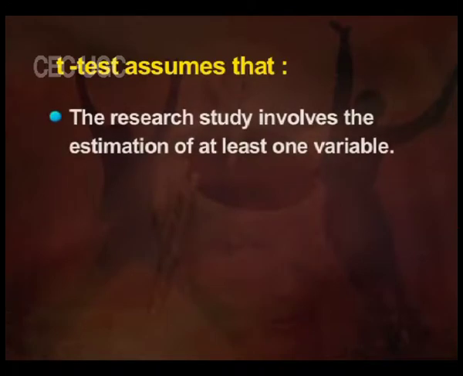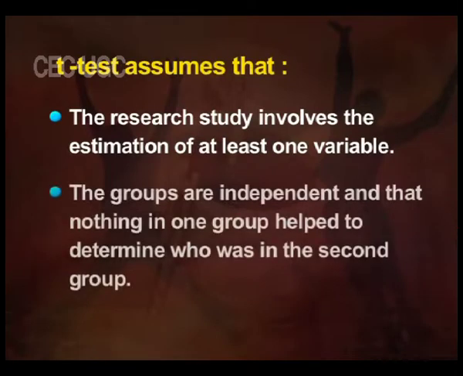However, before applying the T-test, one must be aware of the assumptions the T-test makes about the data set. T-test assumes that the research study involves the estimation of at least one variable. Secondly, the groups are independent and nothing in one group helped to determine who was in the second group.